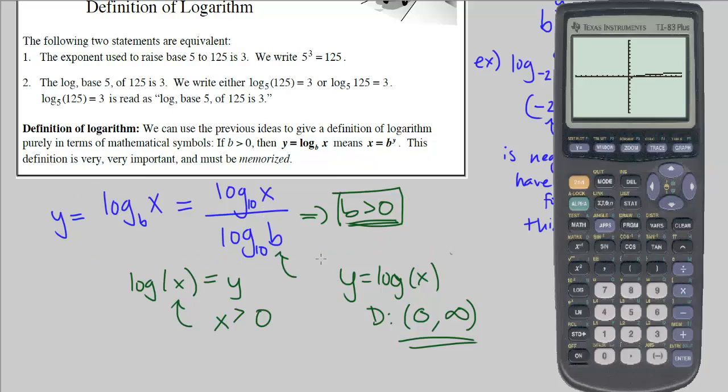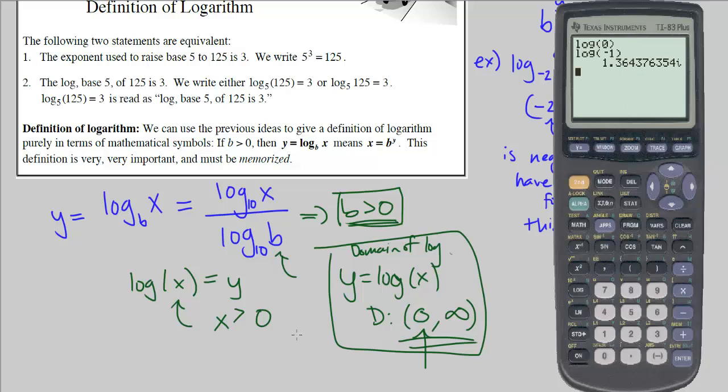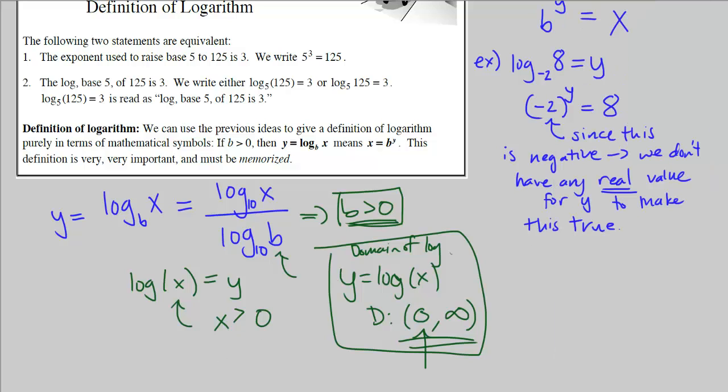You could also talk about the domain of log, and we could see that the domain has to be greater than 0 as well. Or you can talk about an example of using a negative base. There is a possibility to use a negative base, so let's look at example 2.